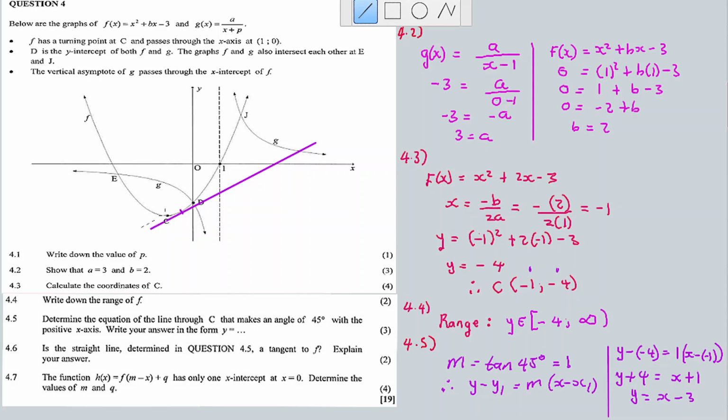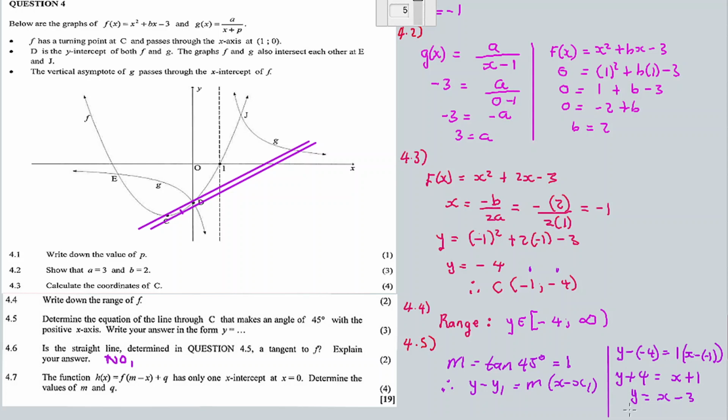This line that passes through C is actually not a tangent. Why do I say so? The answer is definitely no. It's a definite no. But we must explain the answer here too.